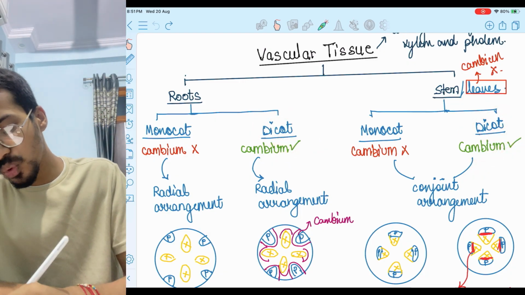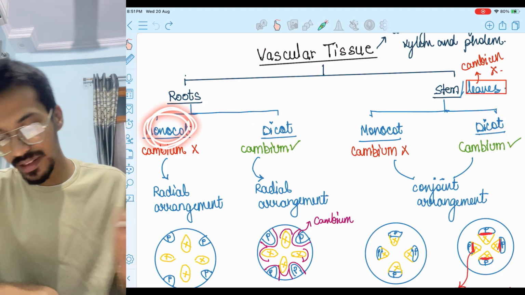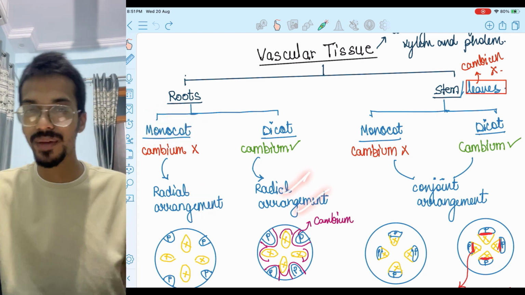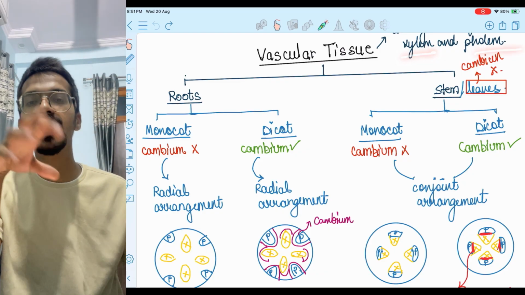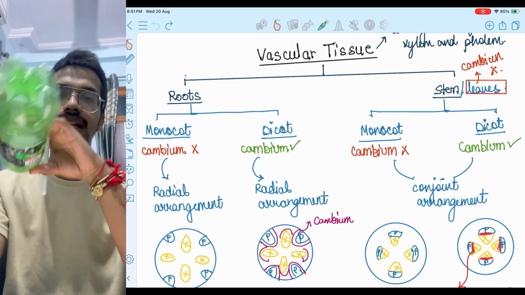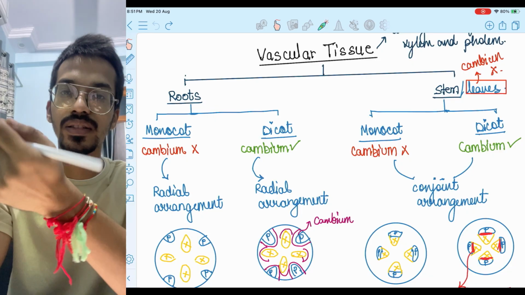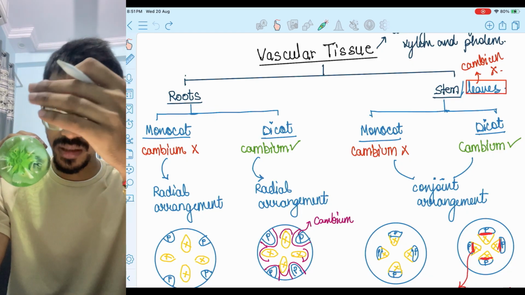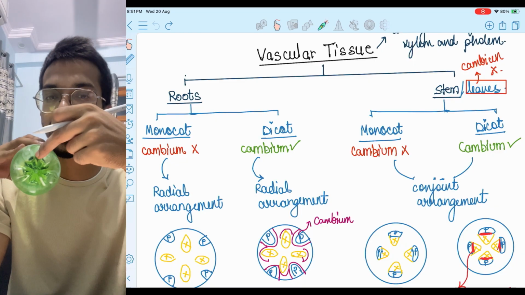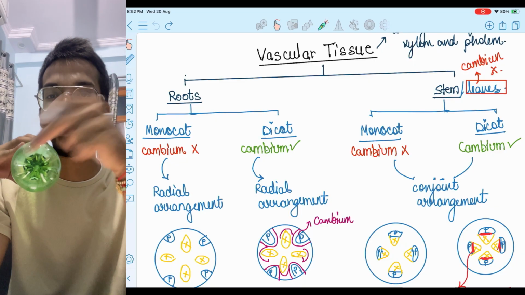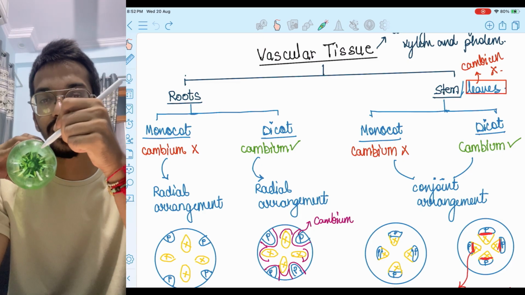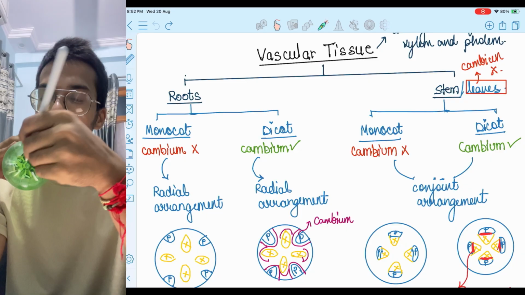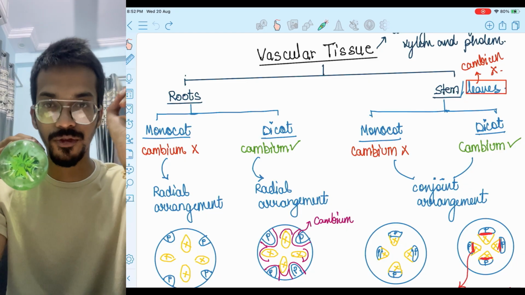Now if we see the monocot, there is a radial arrangement, here also a radial arrangement of xylem and phloem. When I say radial arrangement, it means that if you see a structure, for example this, this is a certain area. One thing is present here, the other is present here, one is present here, the other is here, meaning they are not present at the same level, but one after another in an alternating manner.